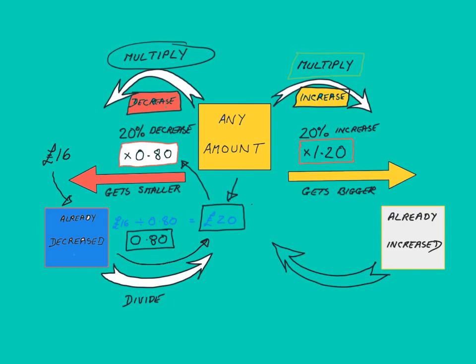On the other hand, on the right-hand side, if we've got something, say, that cost £48, but it had been increased by 20%, then it would have been multiplied by 1.2 in order to do that increase.